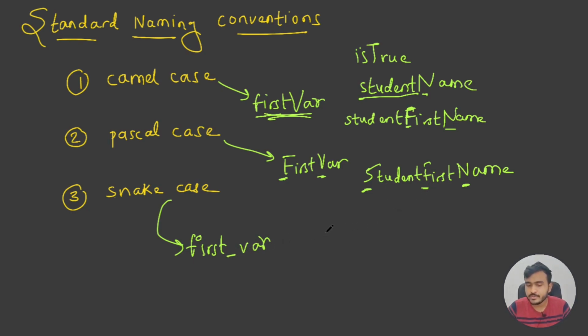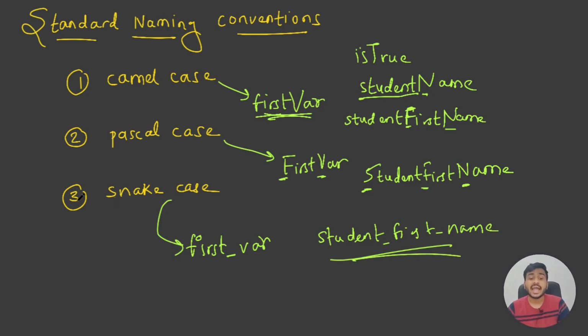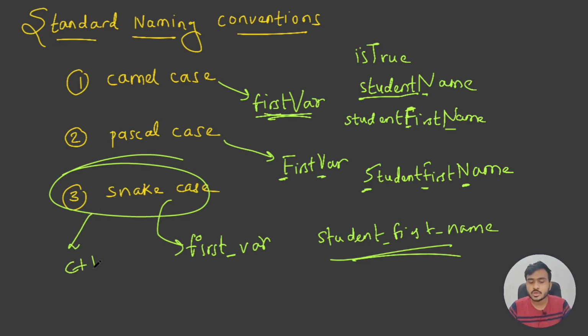The student first name will look like this: student underscore first underscore name. So this is called snake case, and in C++ we usually follow snake case. C++ programmers follow snake case. If you see any C++ program, mostly they'll be in snake case, or programmers will follow snake case for their variable naming and their function naming.